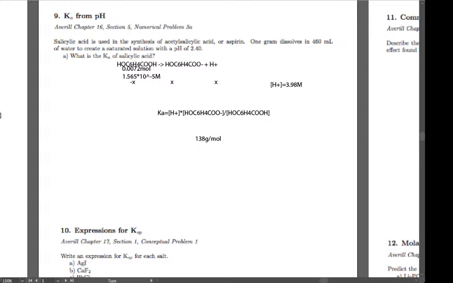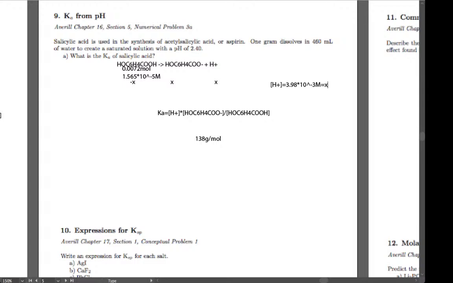So you can just put it inside your formula there, 3.98 multiplied by 10 to the power of negative 3, which equals x. So all we need to do is find the Ka here.